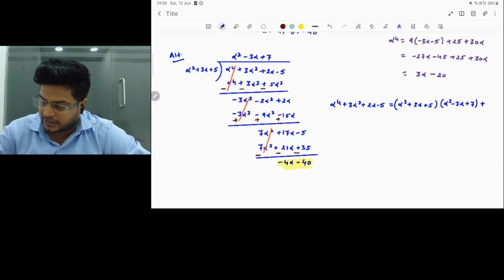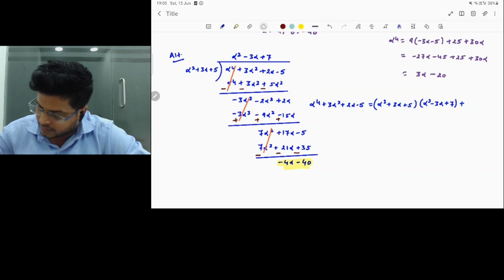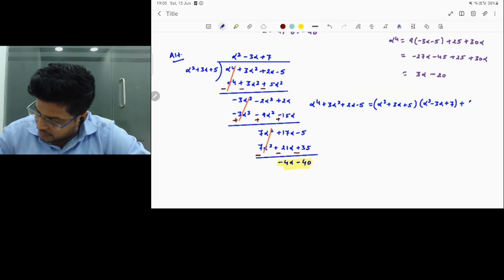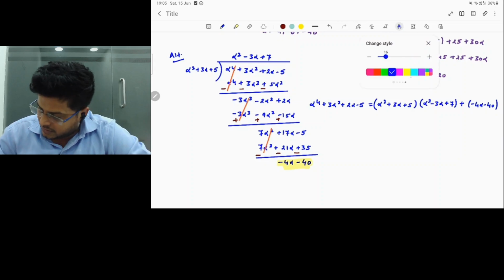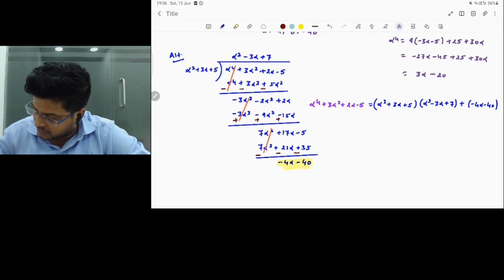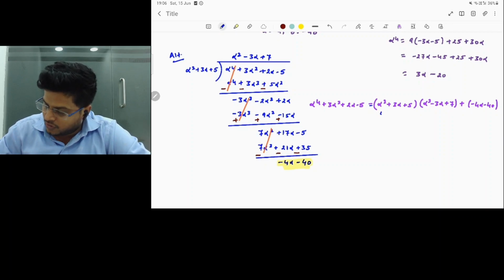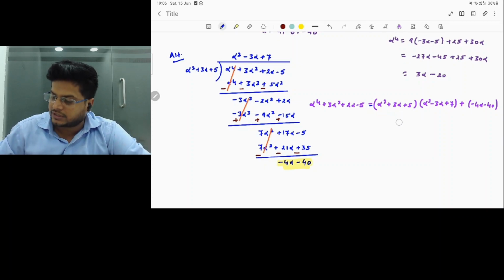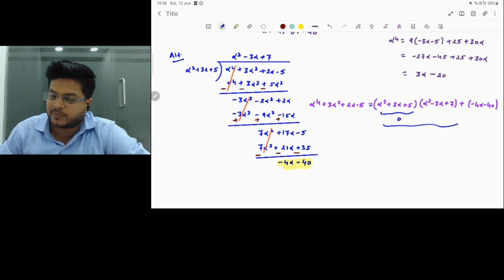The remainder. Let me just create some space. So what is the remainder? The remainder is minus 4 alpha minus 40. Right? Let us write in some different color. Now you know already that this quantity is equal to 0, isn't it? Because alpha is a root. So when you substitute 0 here, what will happen? This entire expression will become equal to 0, right?